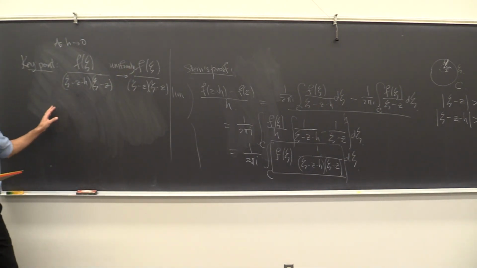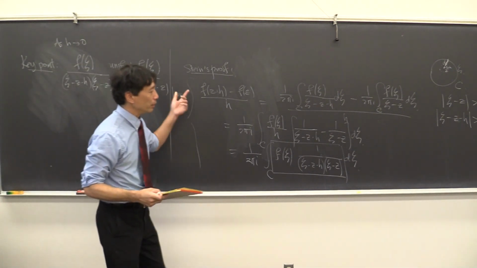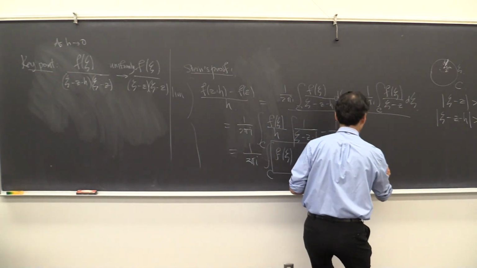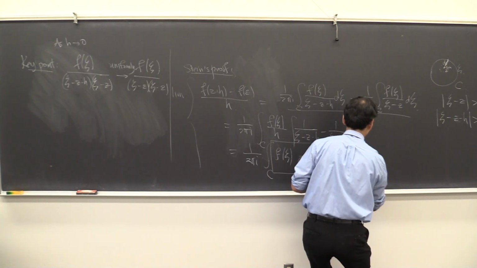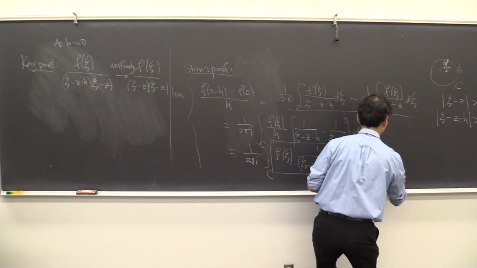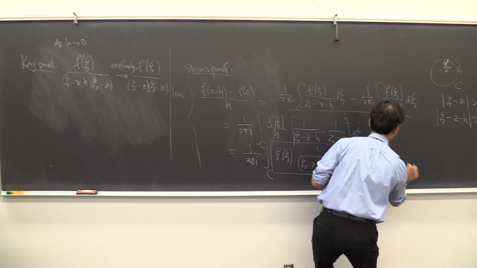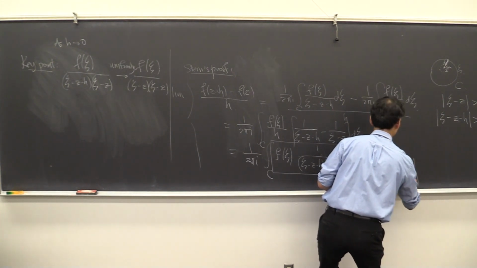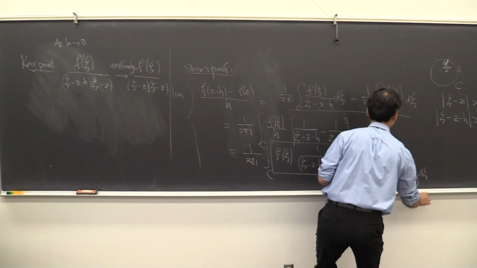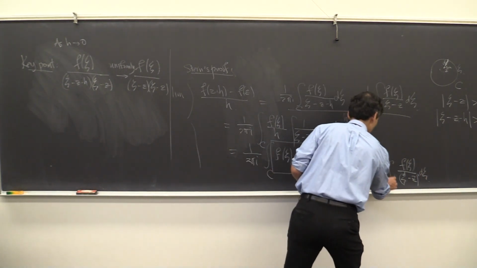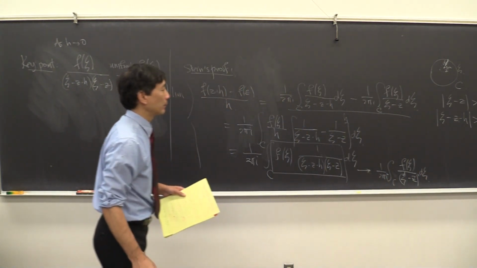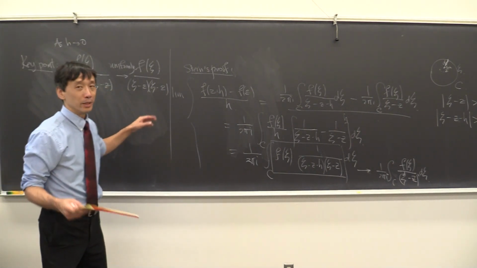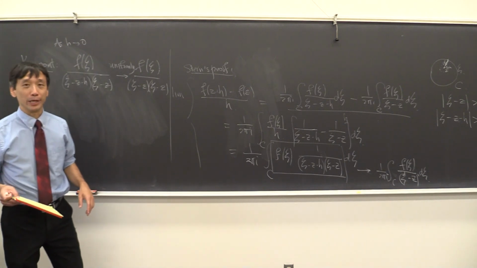Right. That's what allows you to pass the limit under the integral, and then get the desired formula, f of zeta over zeta minus z squared d zeta. That's what allows you to, in essence, differentiate under the integral sign.